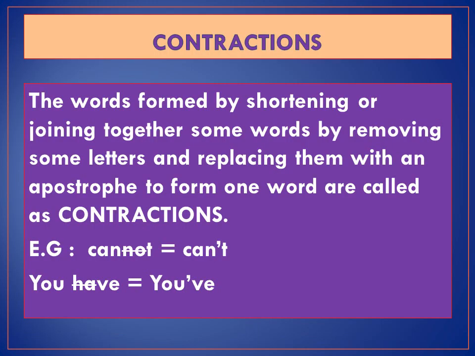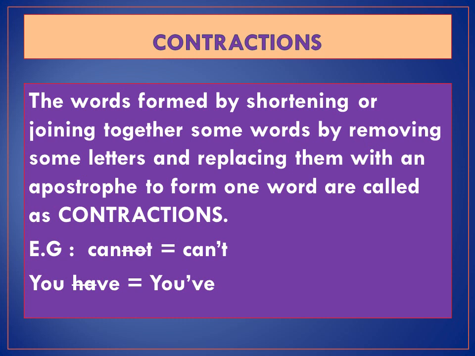So what are contractions, children? The words formed by shortening or joining together some words by removing some letters and replacing them with an apostrophe to form one word are called contractions. When you join two words together and make them one word, you have to remove a few letters and in their place you need to add an apostrophe. That process of making words is called contraction.